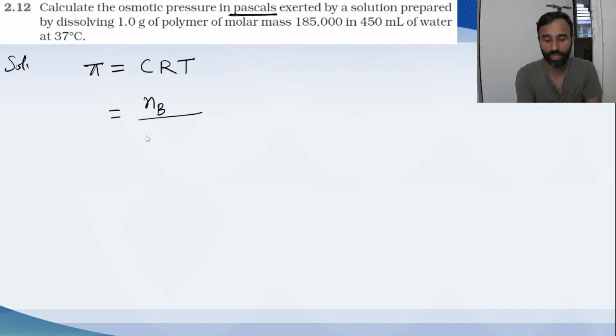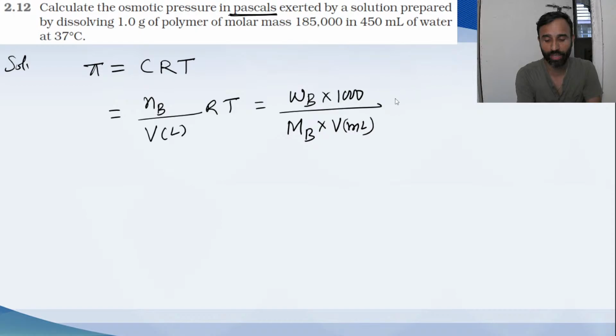Number of moles over volume of solution in liter, into RT. Number of moles are also not given, so we expand it further: weight over molecular weight into volume of solution, given in ml, so it is multiplied by 1000, into R into T.